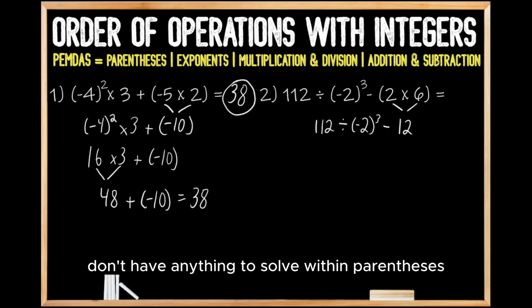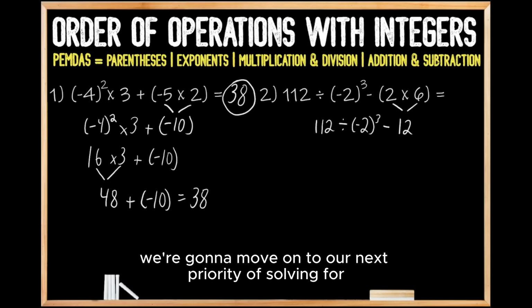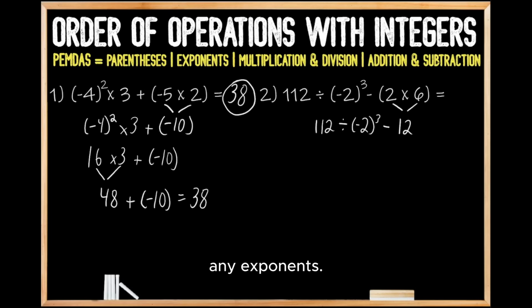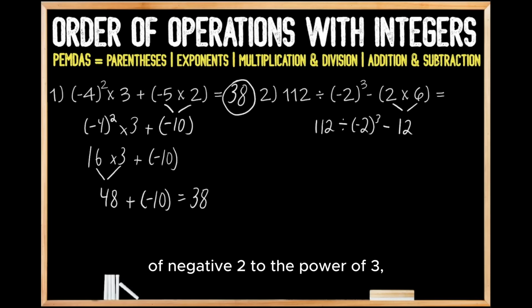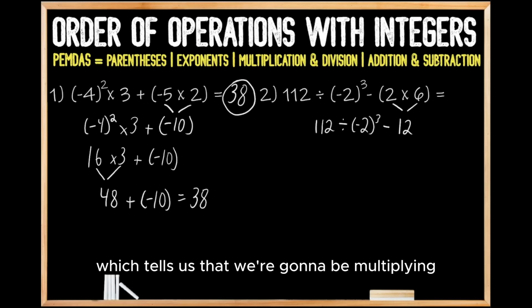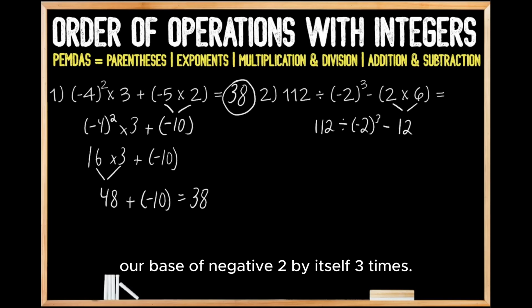So since we don't have anything to solve within parentheses, we're going to move on to our next priority of solving for any exponents. And here we can see that we have the exponent of -2 to the power of 3, which tells us that we're going to be multiplying our base of -2 by itself 3 times. So let's go ahead and figure this out.